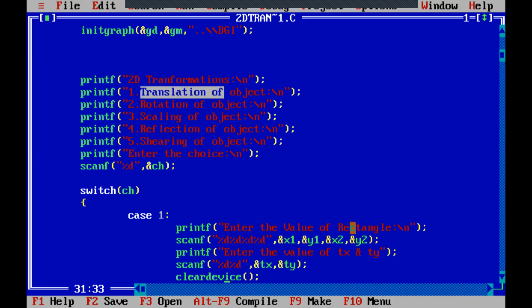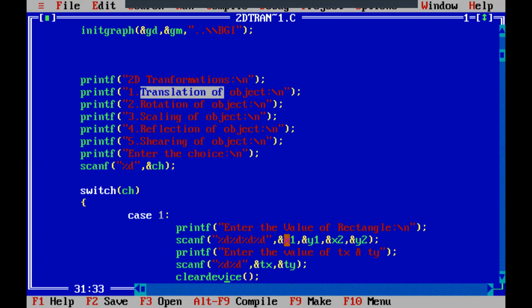It requires only 4 parameters to draw a rectangle. These parameters are accepted, and then I have to take the values of tx and ty, that is the translation factor along x and the translation factor along y.